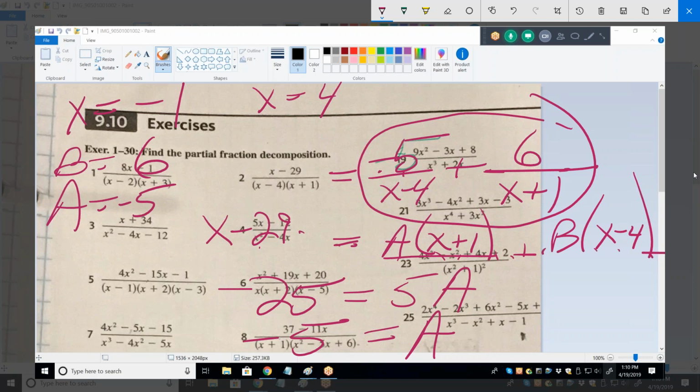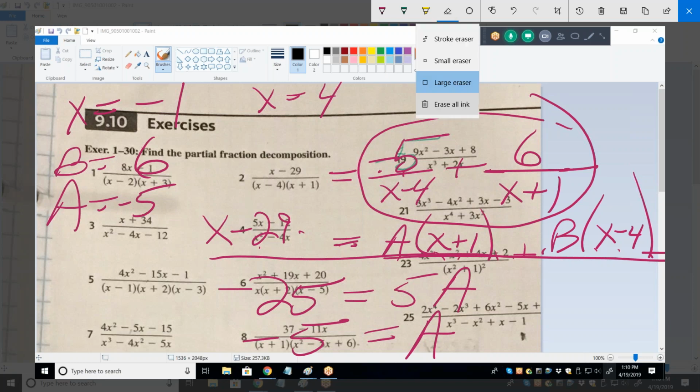The key thing is that once you get to this step, that equation has to be true for all x. Because that's true, you can make up values for x that happen to cancel out the A term, and then you can solve for B. And you can make up values that cancel out the B term, and you can solve for A. And get your answer.